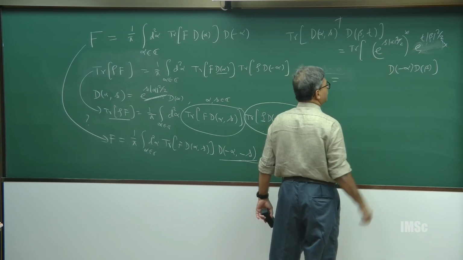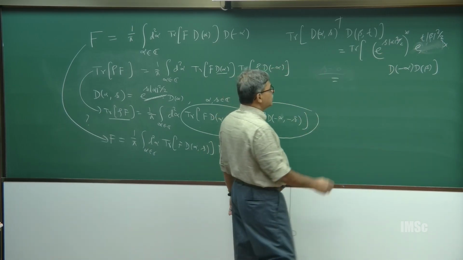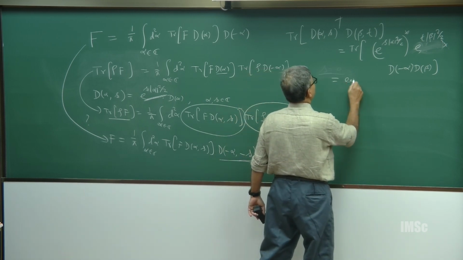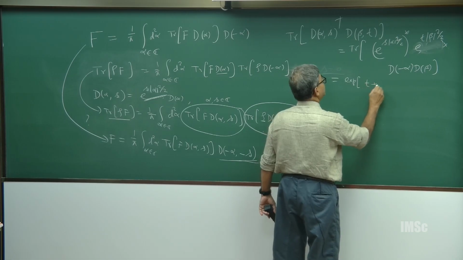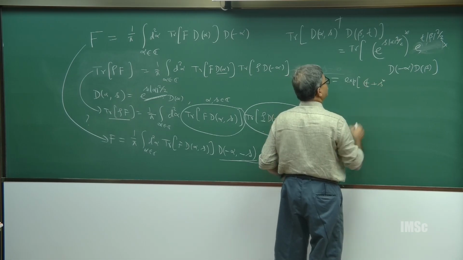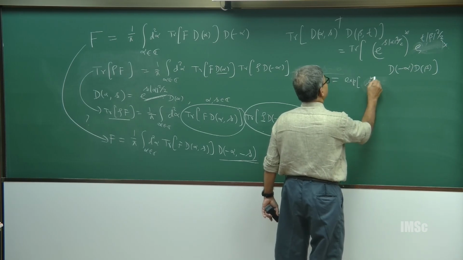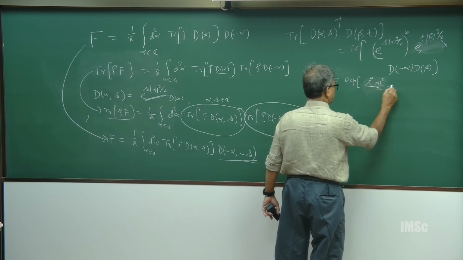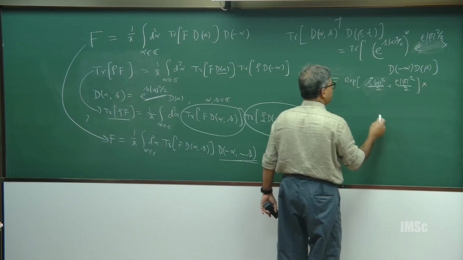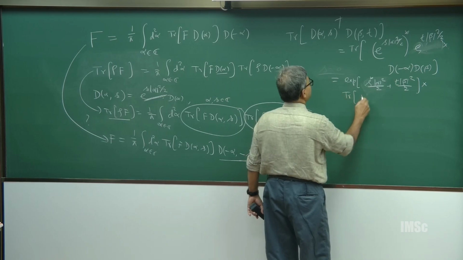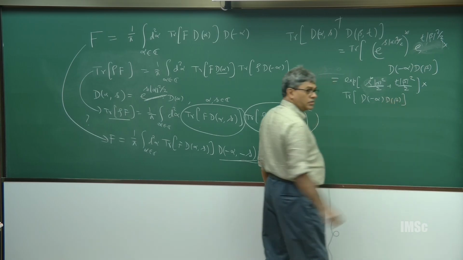The star of this means exponential of s star mod alpha square by 2, t mod beta square by 2, multiplied by trace of D(minus alpha) D(beta).